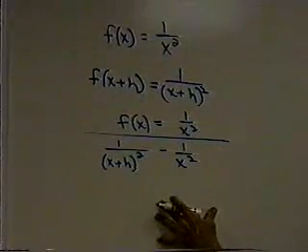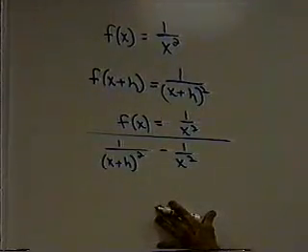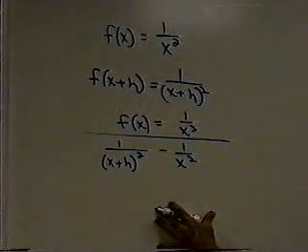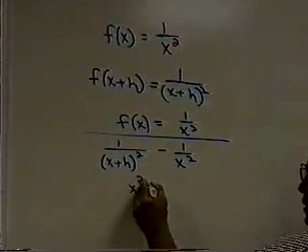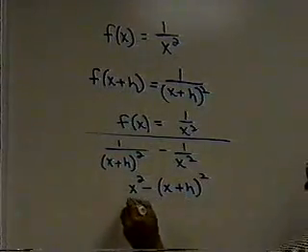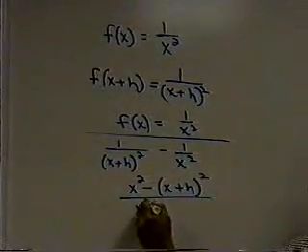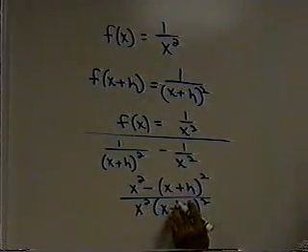Well, we have fractions here. So before we do step 3 and divide by h, let's get the fractions combined by common denominator. So the common denominator would give us x squared minus x plus h squared, all over x squared times x plus h squared.